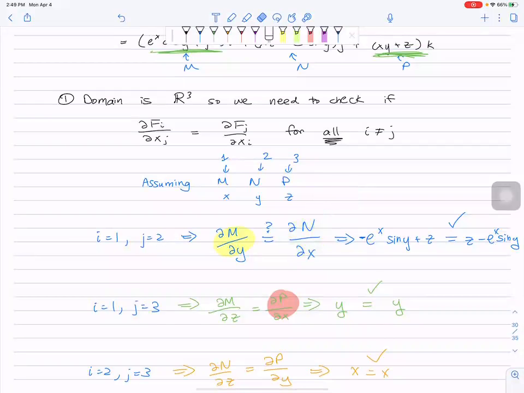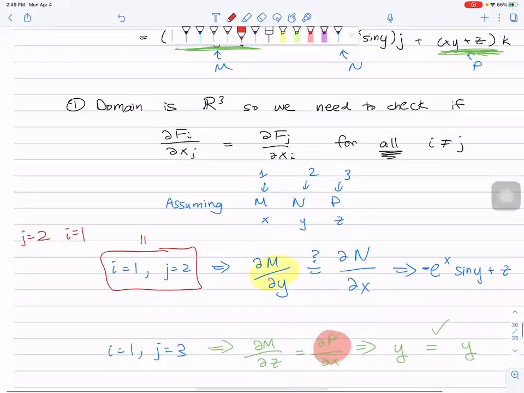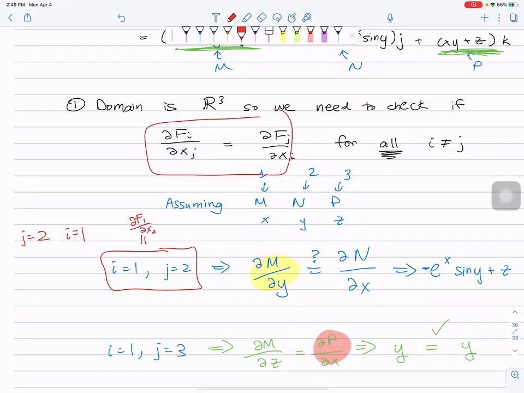So, okay, we have this first one where I equals 1, J equals 2. The other one you're thinking of is what if J equals 2, I equals 1, right? But then what does I equals 1, J equals 2 mean? That means we're doing partial of F1 with respect to X2, and we're checking based on this, is that equal to partial of F2 with respect to X1?